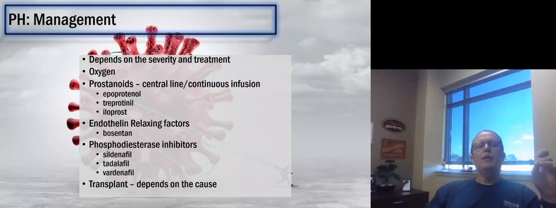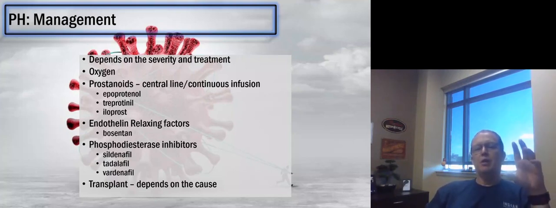Prostanoids are going to be one of the staples of treatment. So these are things like epoprostenol and treprostinil and iloprost. These drugs are continuous infusions that specifically address pulmonary hypertension. Again, usually administered in the hospital, commonly in an intensive care unit.